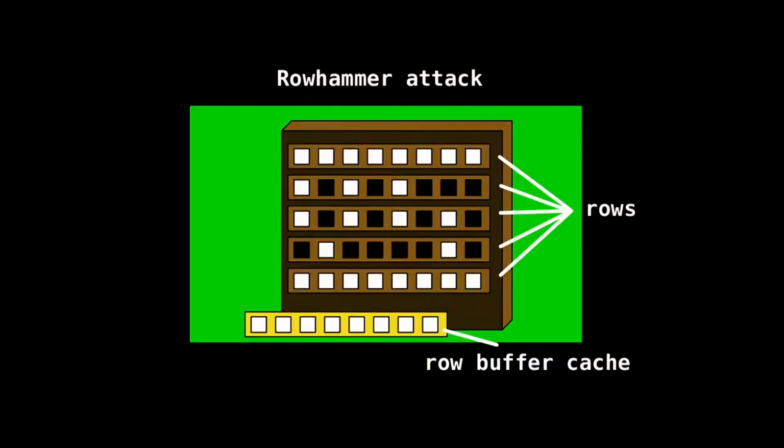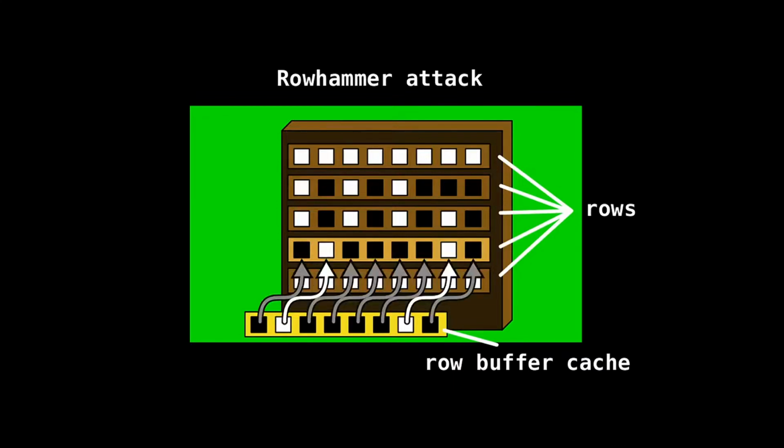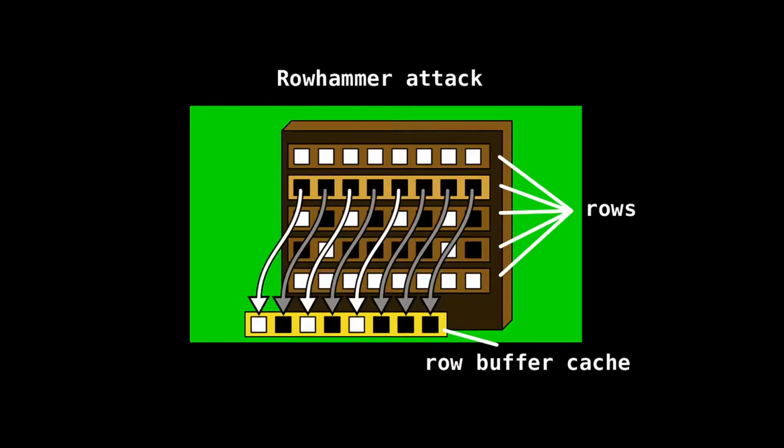These capacitors are stored in rows, and because they are drained, there has to be some kind of cache which doesn't lose its value, which is a static RAM buffer. But it's only a limited amount of memory, so when the memory controller needs to read a different row, the data has to be written back to these capacitors, and a different row is read to the buffer cache.